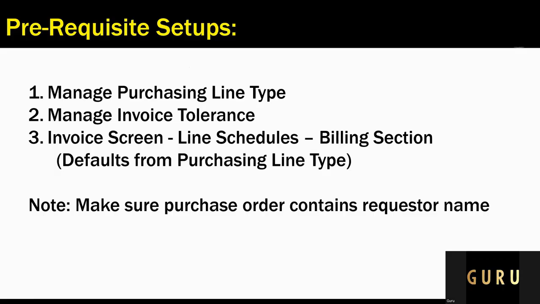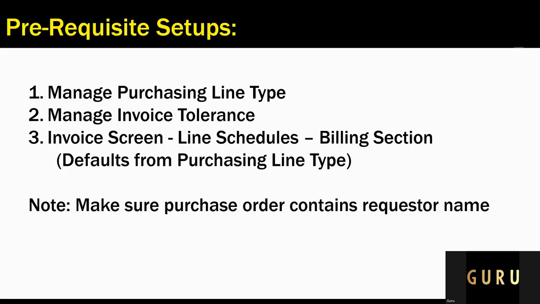And number 3, when you're creating an invoice, in the invoice there are line or schedule sections, right? Under the sections, under the billing area, you have to see that this particular order is tagged with three-way matching. If three-way matching is not populated there, then your invoice will not achieve the three-way matching process.